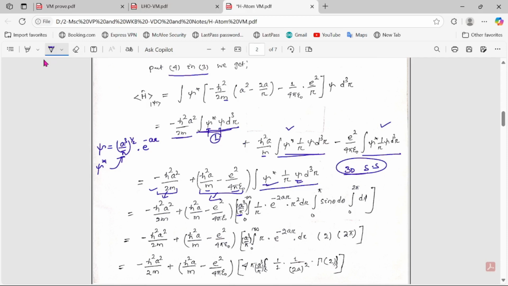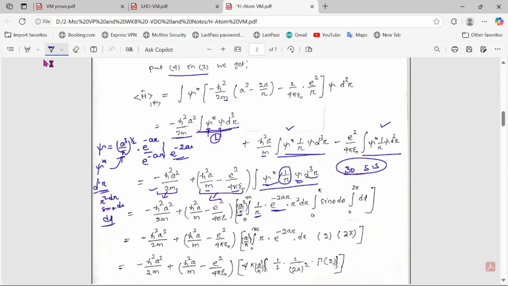Got it? Here 1 by r is there, 1 by r written. e to the power minus ar multiplied with psi r, that means another e to the power minus ar will come up, so it will be e to the minus 2ar. Here I have written e to the minus 2ar. Right? Then d tau r, the volume element, that we know is r square dr sin theta d theta d phi.